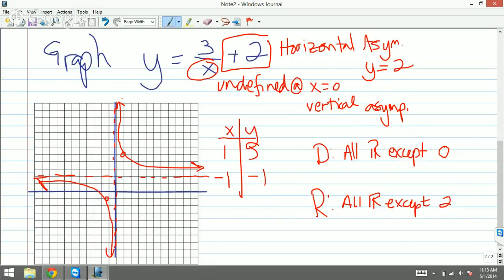It's positive 2 because that's where the horizontal is. The vertical's at 0.